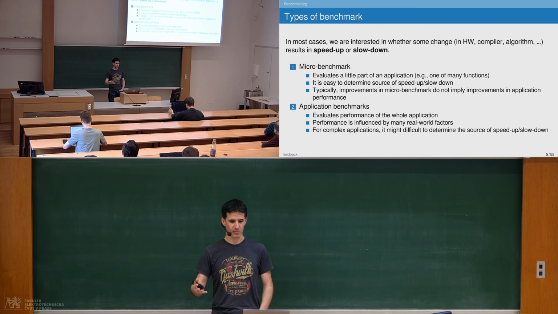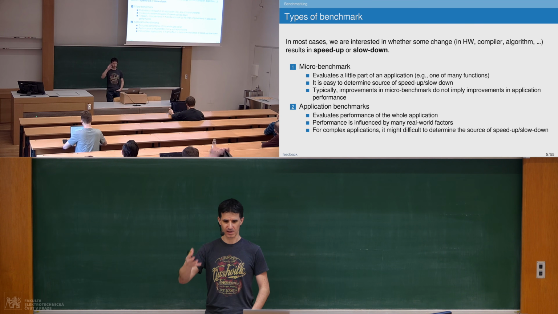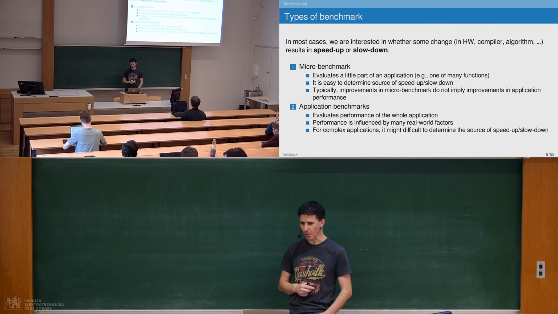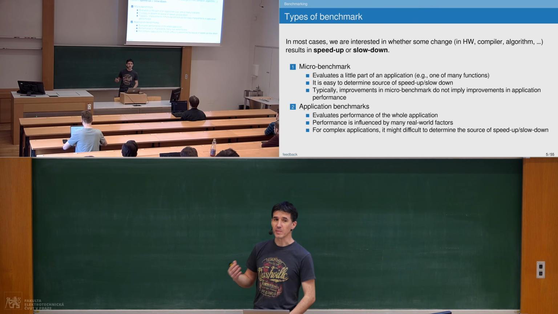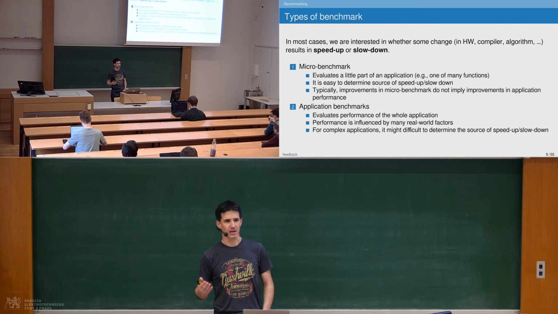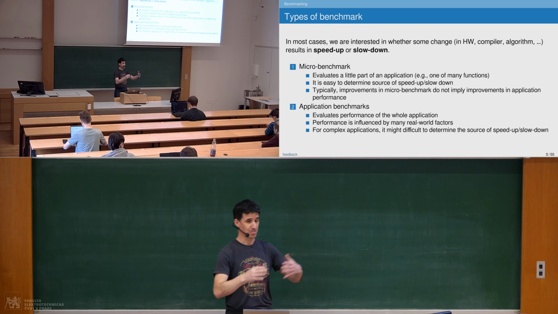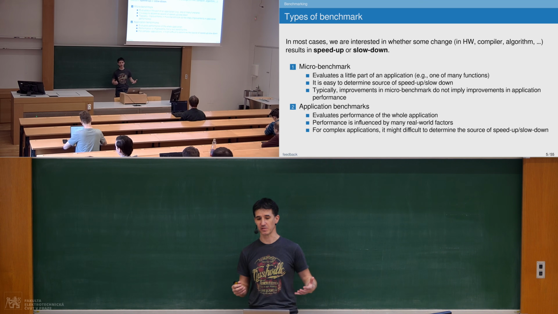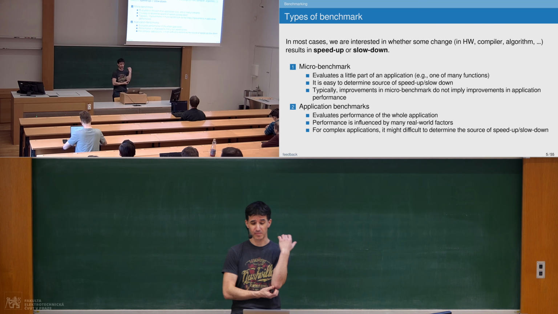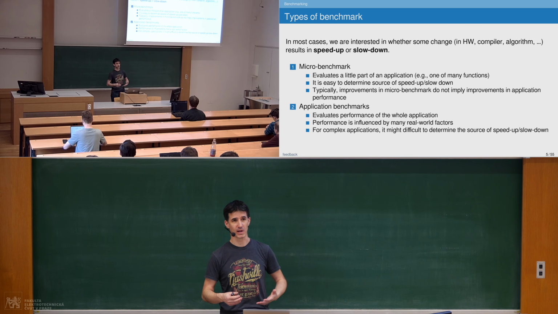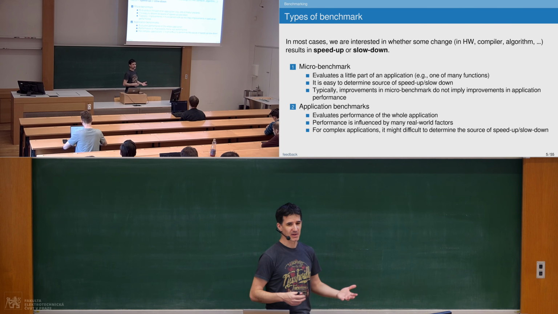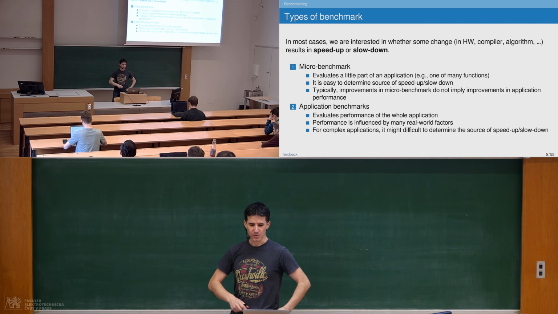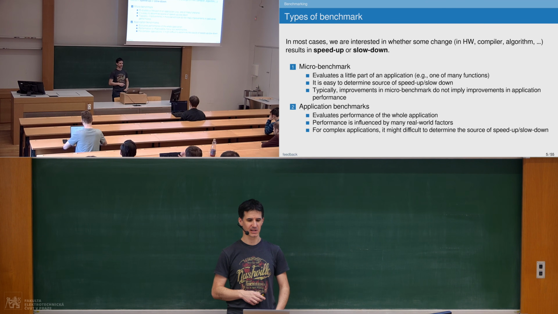Not only the algorithms, but also the operating system, file system, networks, and I don't know what else. So it's a common mistake that people make. They say, oh, I have improved this micro benchmark by 10%, hence my application will be 10% faster. But if someone measures the whole application performance, it can even happen that improvement on one side makes the whole application slower. So be careful about things like that.